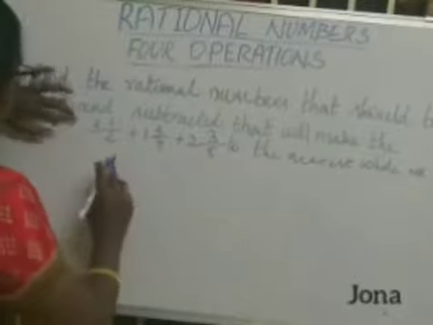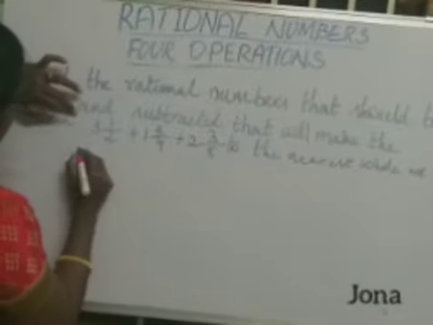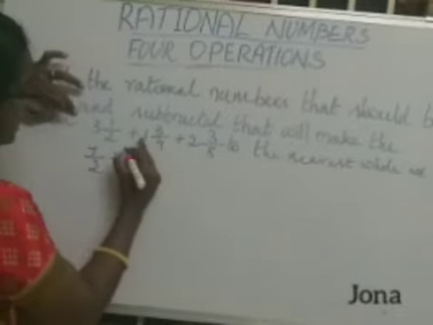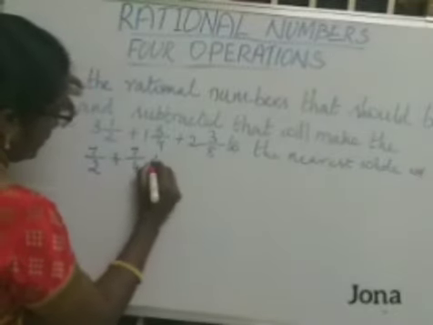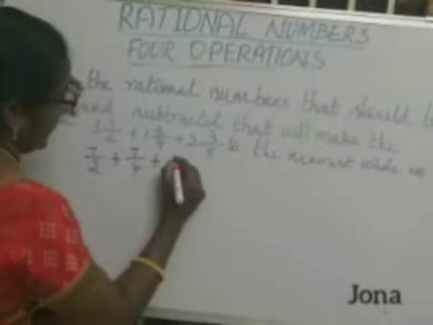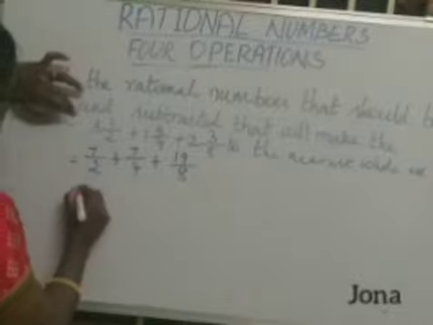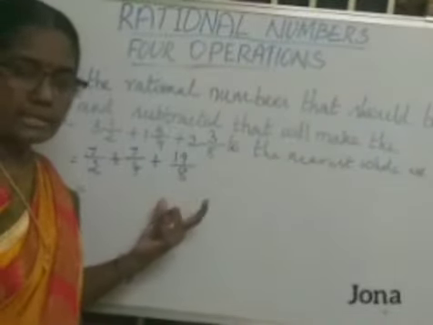How to convert this? 3 2s are 6, 6 plus 1 is 7, 7 by 2, plus 1 4 is 4, 4 plus 3 is 7, 7 by 4, plus 2 8s are 16 plus 3 is 19 by 8. Okay, so I want to take the LCM of the denominators so that I can simplify this.